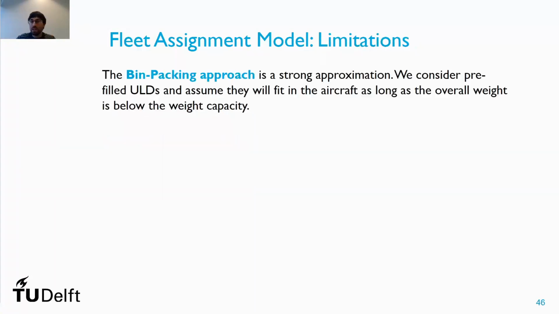And let's just quickly recap some potential limitations of the model. For example, the beam packing part is quite a strong approximation. We consider pre-filled ULDs and assume they will fit in the aircraft as long as their overall weight is below the weight capacity, which might not always be the case. For example, how about the ULD positions on deck, which we saw in the previous video?